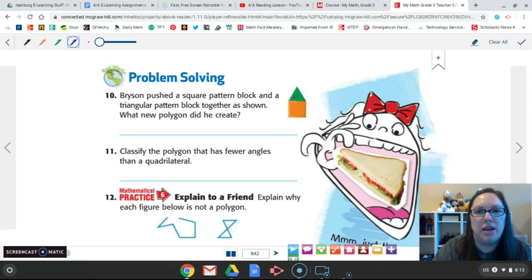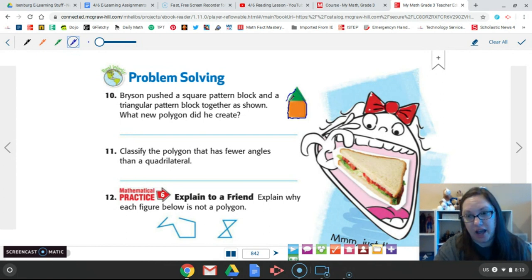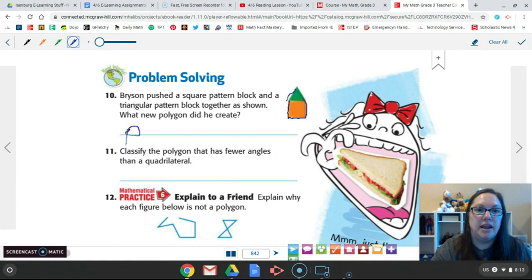If you trace the outline of this shape, it has 1, 2, 3, 4, 5 sides, and then 1, 2, 3, 4, 5 angles. So if it has 5 sides and 5 angles, it would be a pentagon.